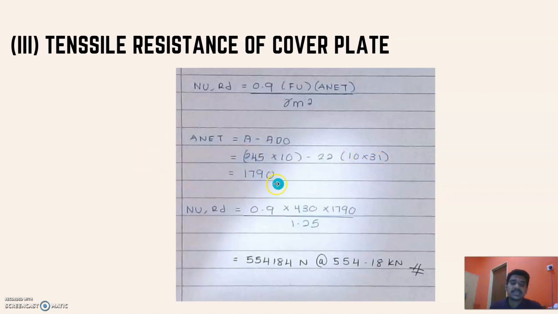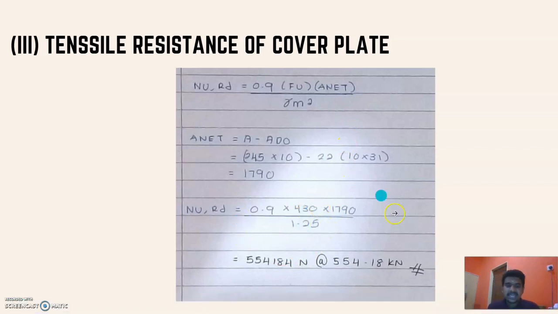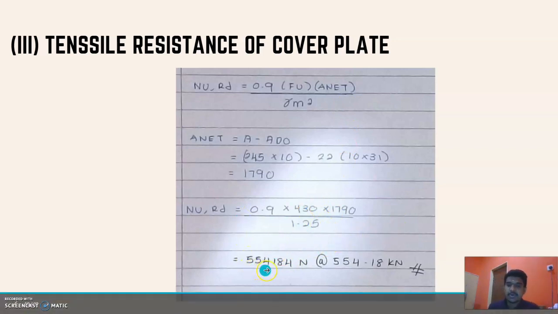After we get 1790, again we input Nu,Rd. The 0.9 is included, fu is 430, the Anet 1790 is included here, and gamma M2 is again 1.25. We calculate and get 554184 Newton, and we round off to 554.18 kilonewton. This is for the bolted connection.